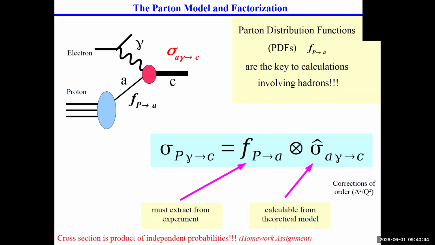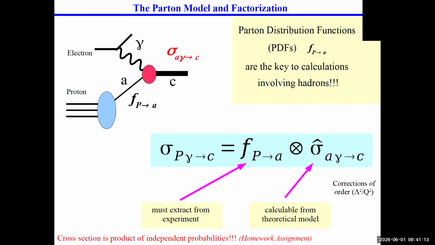So this is our model, and it works. There are going to be corrections, basically Lambda squared over Q squared. But to that approximation, there's some probability for finding the quark A in the proton, and then this factorizes. What happens in here and in here are independent. They only communicate through that parton A. So this is the general framework.